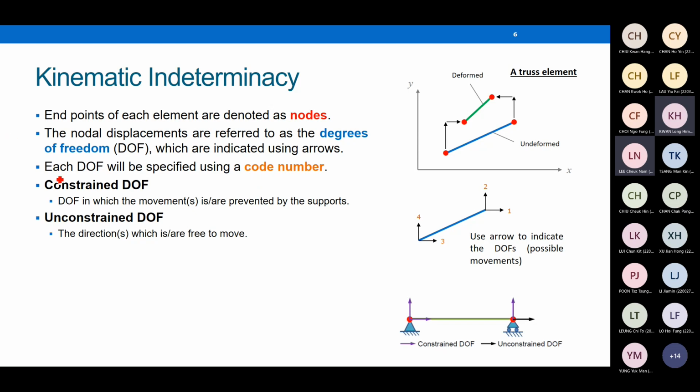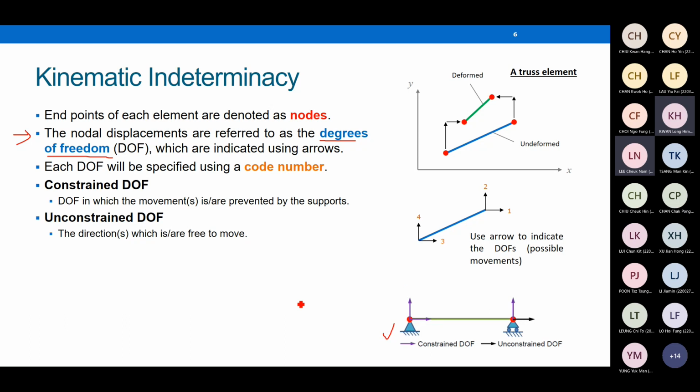And the other things are called constrained degrees of freedom and unconstrained degrees of freedom. As we've spoken in the second point, now you know how to define degrees of freedom. Degrees of freedom means the possible movements at different nodes. But you can see that for truss structures, we have boundary conditions, support conditions we went through at the beginning, right?